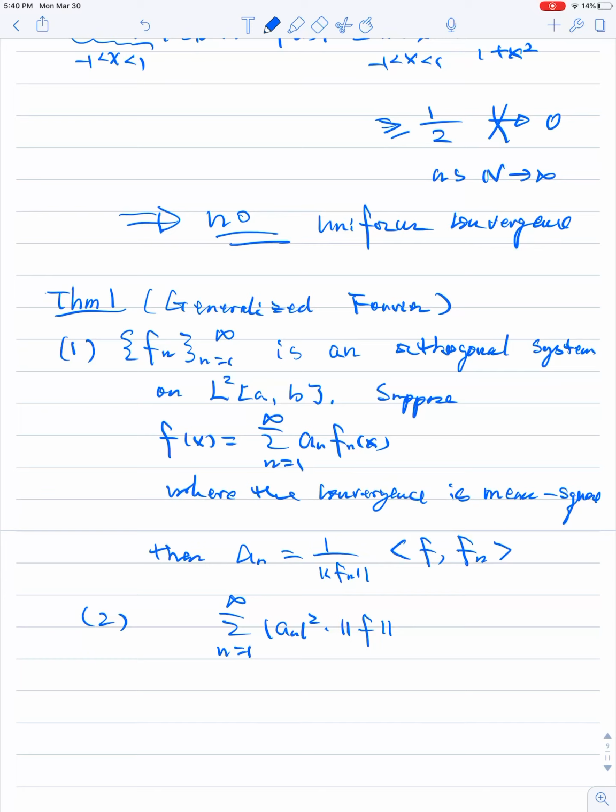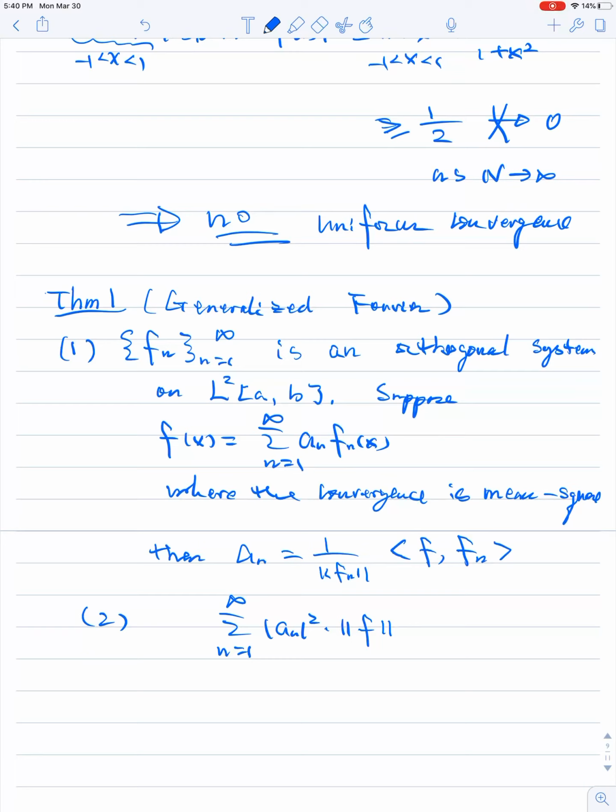So the coefficient is given if we have this squared.